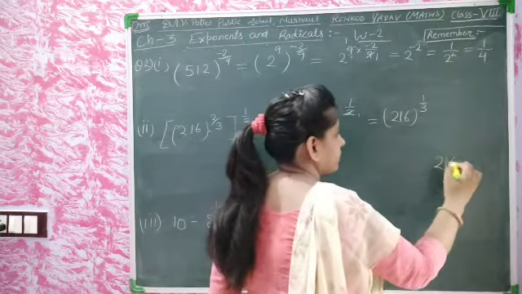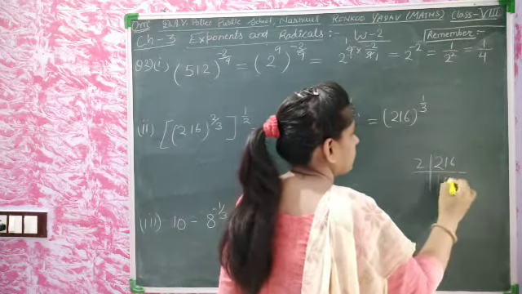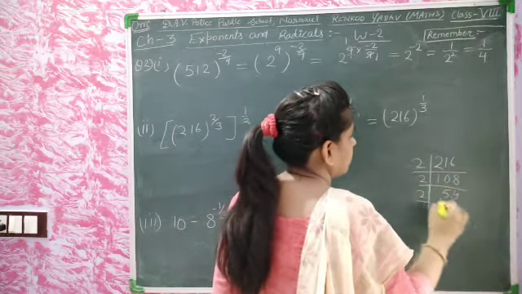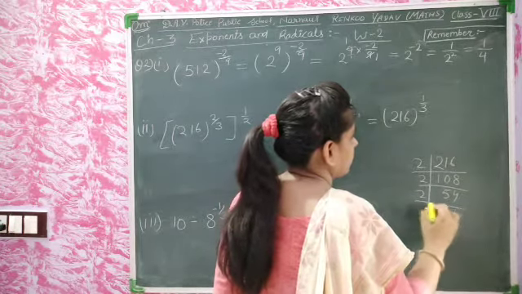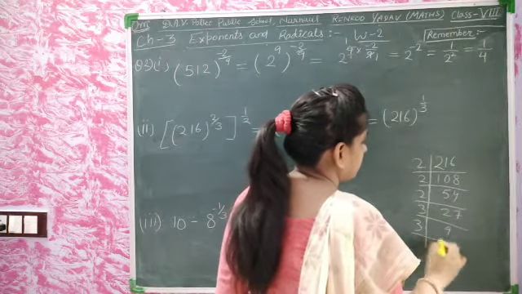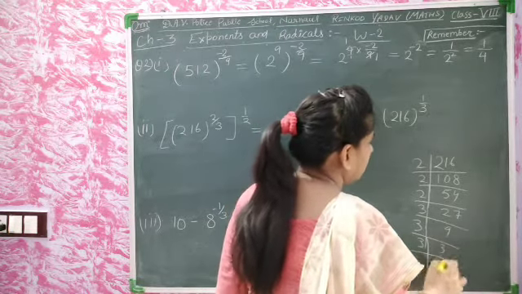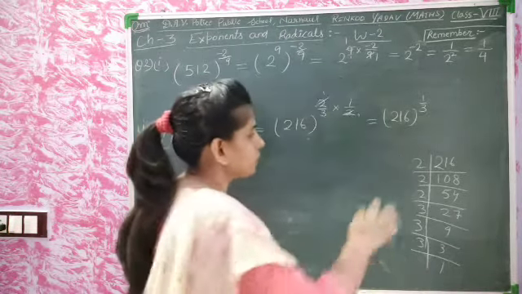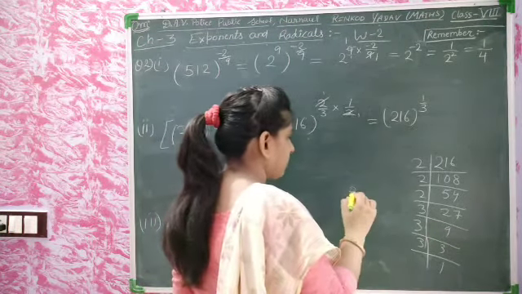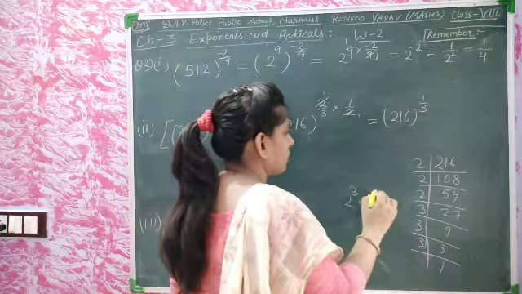Let's see the factorization of 216. 2 8s are 16, 2 5s are 10, 2 4s are 8, 2 2s are 4, 2 7s are 14, 3 3s are 9, 3 3s are 27, 3 3s are 9, 3 1s are 3. So there are 2 to the power 3 and 3 to the power 3, that is 2 to the power 3 into 3 to the power 3.